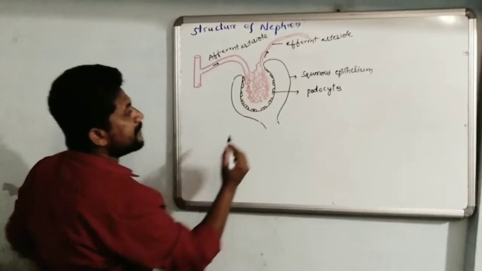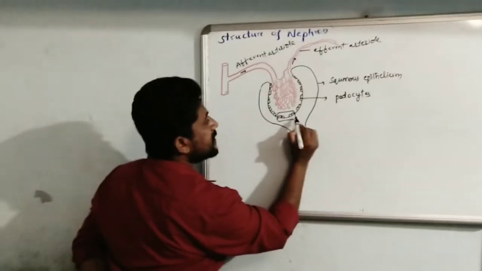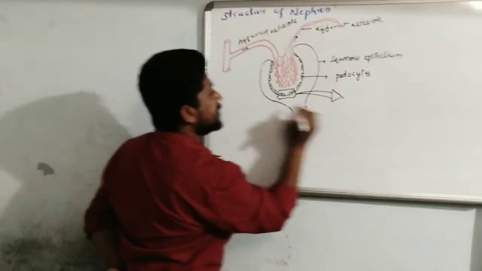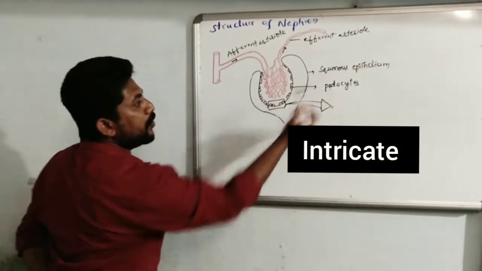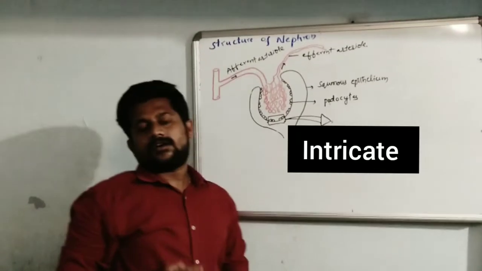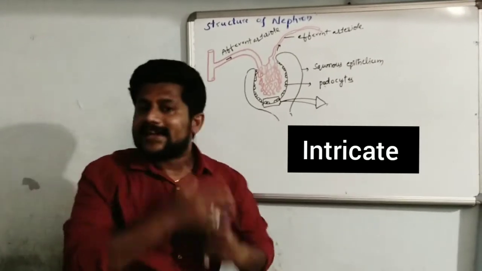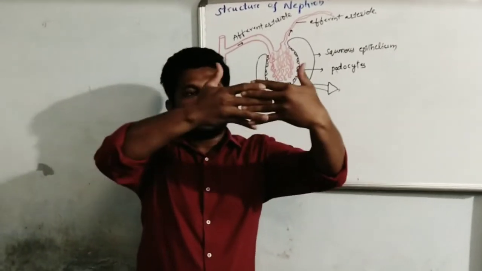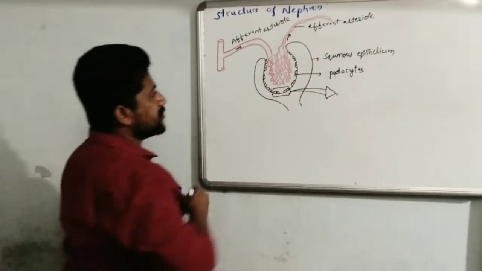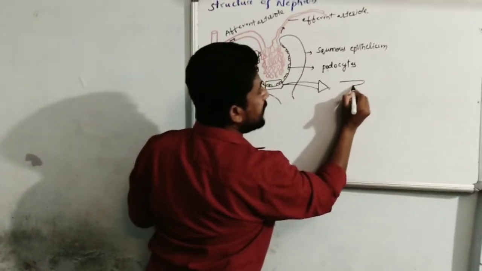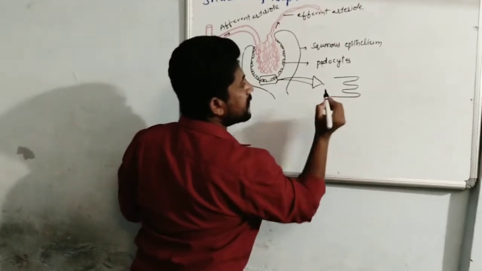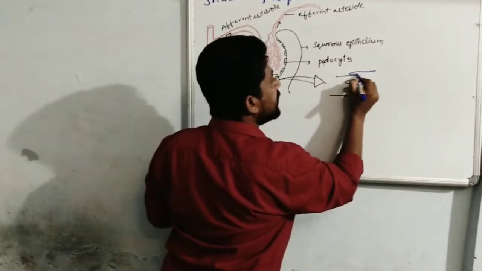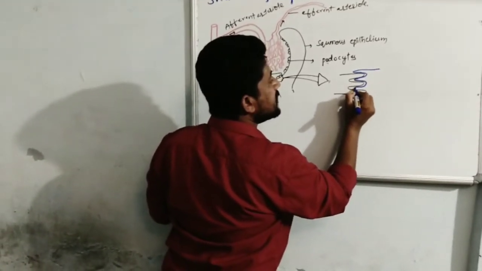If we zoom into this portion, we are now observing the podocytes. These podocytes are arranged in an intricate manner, like this. If you observe the structure, there are finger-like projections arranged like this.